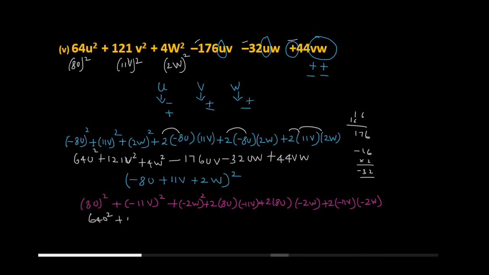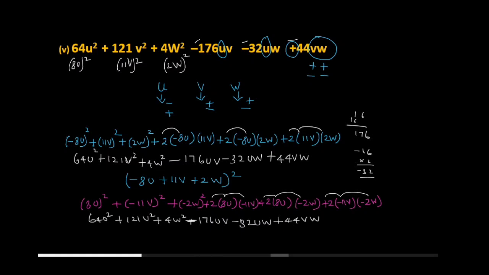64u squared plus 121v squared plus 4w squared, plus 16 into 11 is 176, so minus 176uv. Then 16 twos are 32, so minus 32uw. Then 2 into minus 11 is minus 22, minus 22 into minus 2 is plus 44vw.